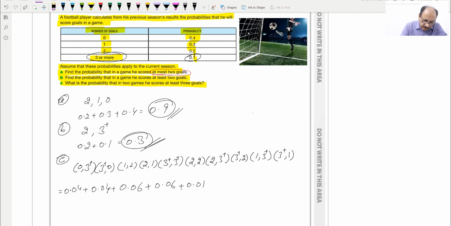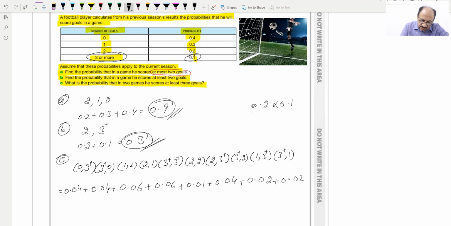And then we can check for 2 and 2, 0.2 into 0.2, that will be 0.04. And then we can check for 2 and 3, so 0.2 and 3 will be 0.1, so it will be 0.02, and 3 and 2 will also be the same, 0.02.